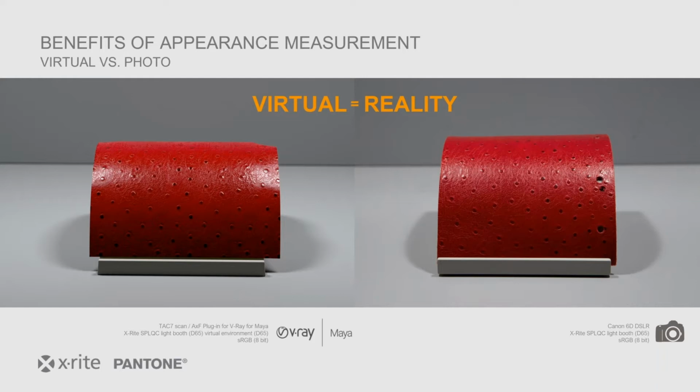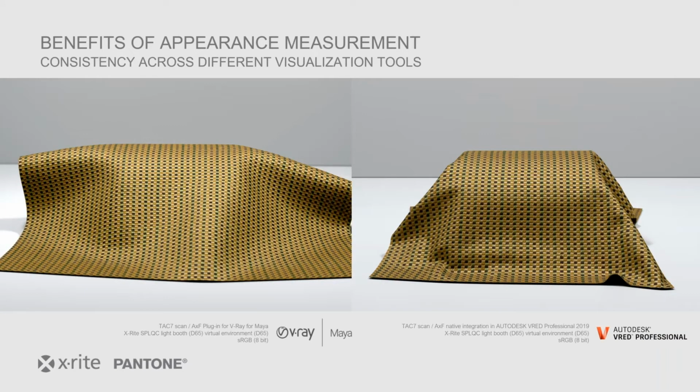So very important, of course, that we're replicating the real world, the physical world, but also important that we have consistency across the different rendering platforms. So in this case, we have V-Ray with Maya again, and then another software called VRED, which is primarily used in the automotive industry.